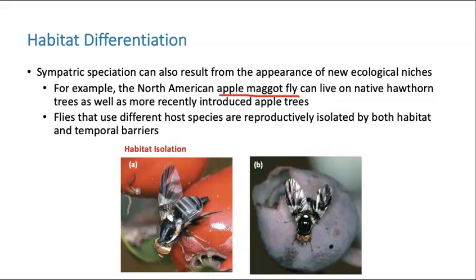So a really interesting case of these two flies having two different isolating mechanisms that are keeping them apart, even though they don't have any actual geography keeping them apart.